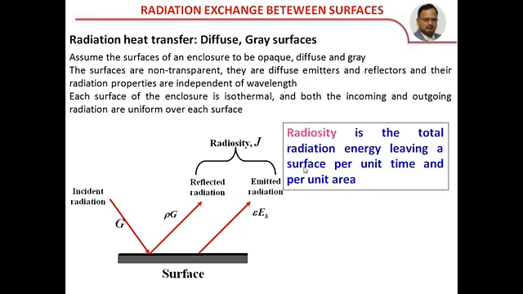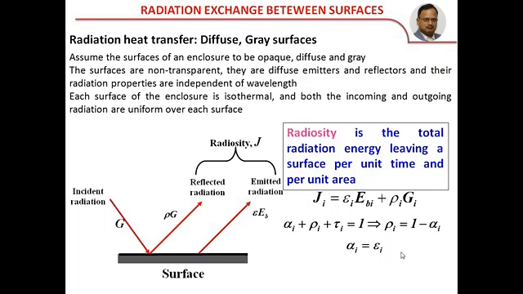This put together is called radiosity. So radiosity is the total radiant energy leaving a surface per unit time and per unit area. Epsilon into EB plus rho into G is equal to J. We know for a solid body transmissivity is 0. Therefore, alpha plus rho is equal to 1, rho is equal to 1 minus alpha, and alpha is equal to epsilon for a gray body, so rho can be written as 1 minus epsilon.